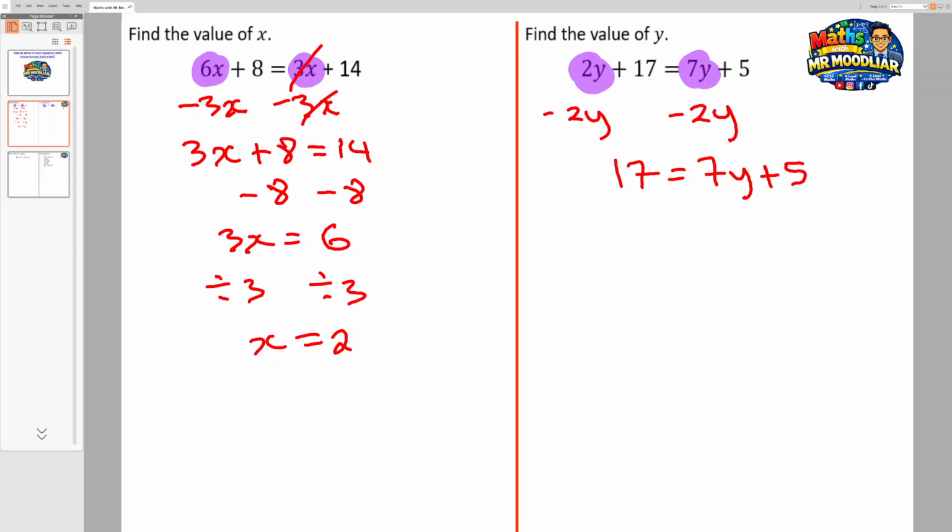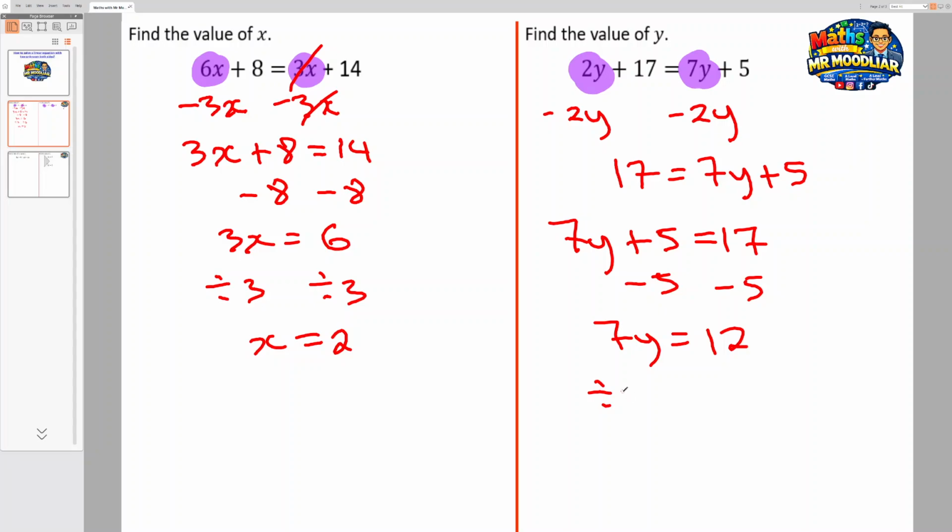Again, I know these are a bit different to the previous question, so I'm going to rearrange the equation. I have 7y plus 5 is equal to 17 to make it more familiar for you guys. From there, again, it's just two-step. So take away 5 on both sides. So 7y is equal to 12.